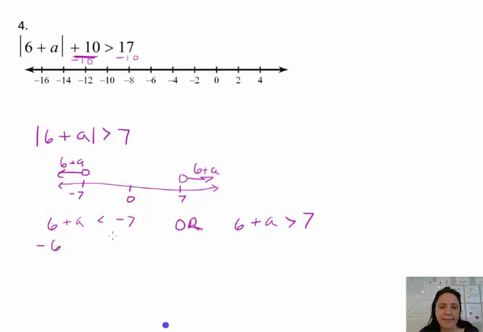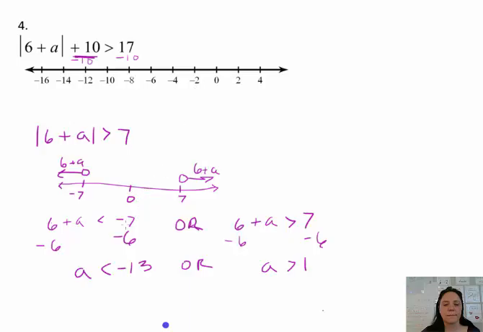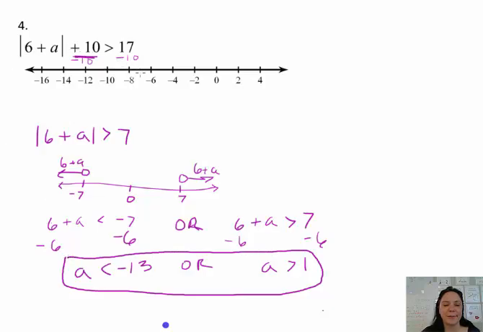I'm going to subtract 6 from both sides. I get a is less than negative 13, or subtract 6 over here, a is greater than 1. So I have my answer here, and I just need to put it on my number line.